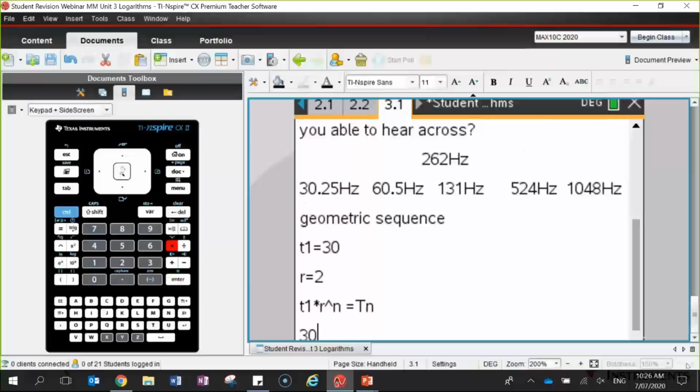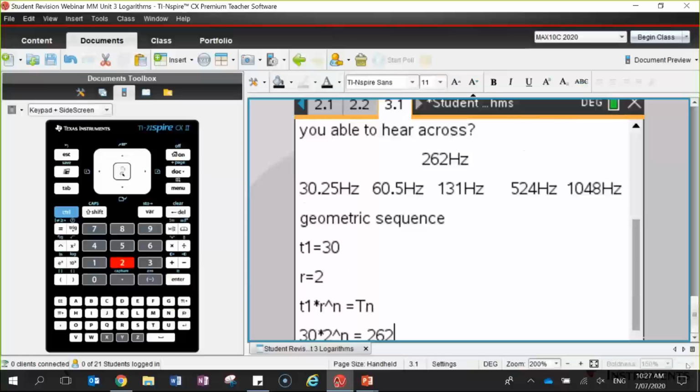I'm going to multiply that by my common ratio, which is 2 to the power of n, and I can get 262. And that can tell me how many octaves I've gone up to get 262.